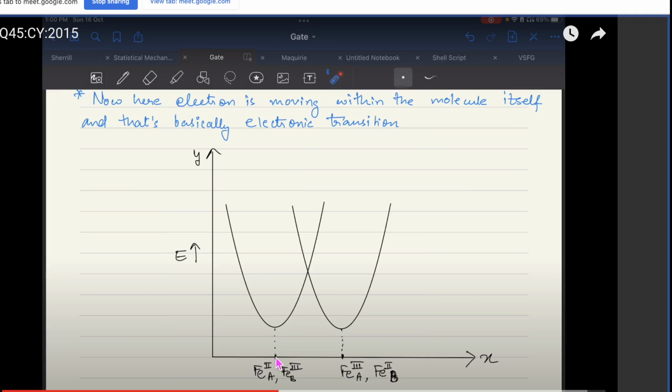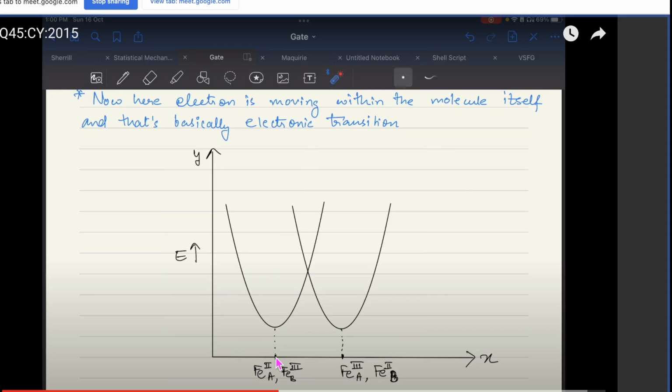Here X is my nuclear coordinate. If you assume the distance, this will be the distance between Fe2 and Fe3, or Fe2 and the ligand.